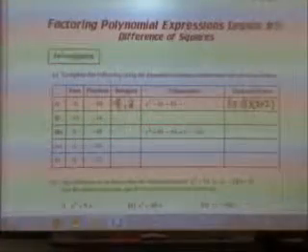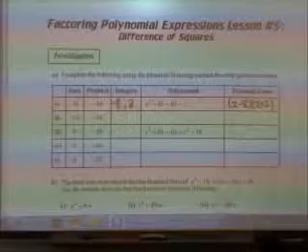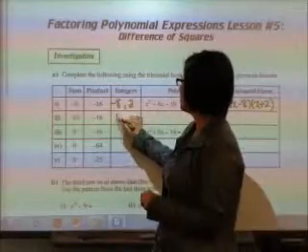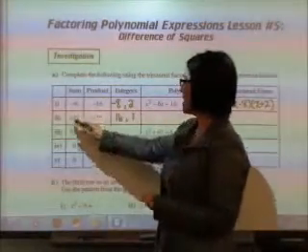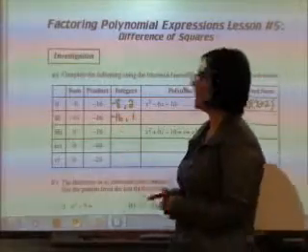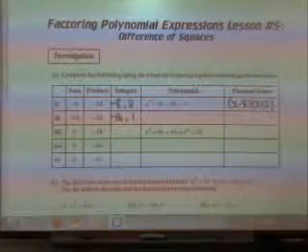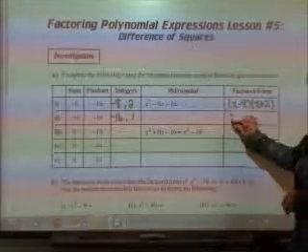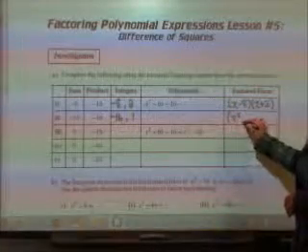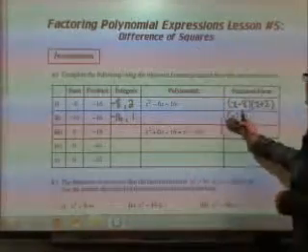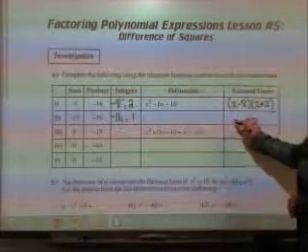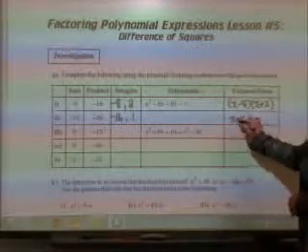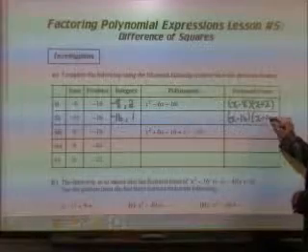So two numbers where the difference is equal to 15 would be 16 and 1. And if I want to make that a negative 15, I make this a negative 16. So when I go to factor this, I will get x minus 16 and x plus 1.